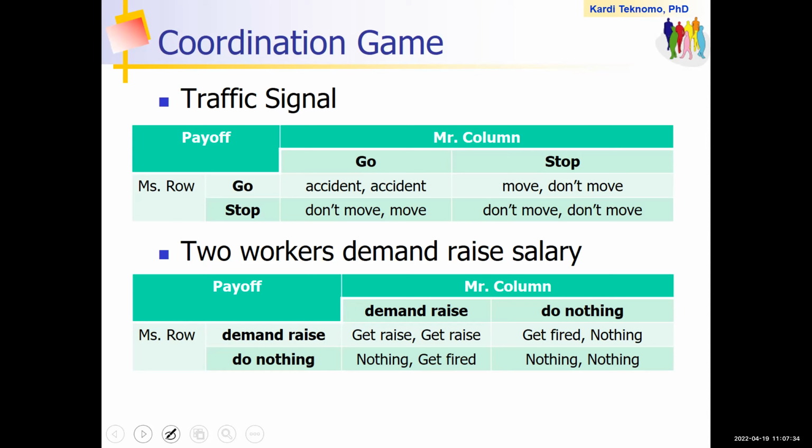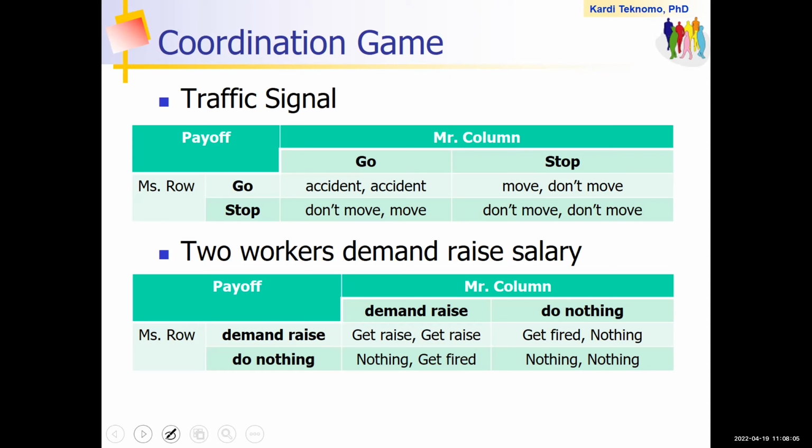The same thing in this situation. If 2 workers demand a raise in salary, and both of them demand a raise, both will get a raise, right? If only one demands a raise and the other is a traitor and doesn't do anything, the one who demanded a raise gets fired, and the other gets nothing. If they do nothing, of course they get nothing also.